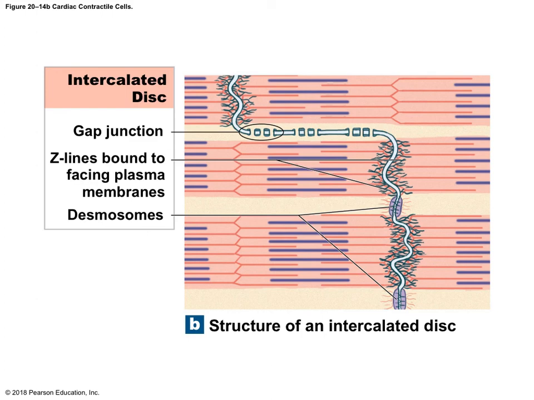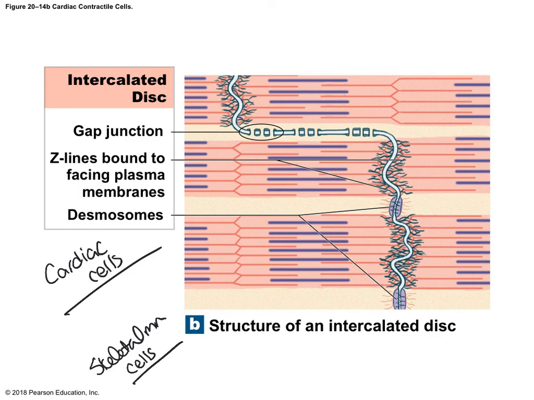So let's just write some of these things down. Cardiac cells versus skeletal muscle cells. Okay, so skeletal muscle cells can be very long, whereas cardiac muscle cells are small. Skeletal muscle has many nuclei, whereas the cardiac cells have one nucleus.